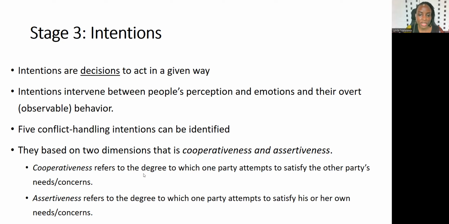Cooperativeness refers to the degree to which one party attempts to satisfy the other party's needs or interests or concerns, to be all about the other person. You put away your needs and you are cooperative, you are attending to the needs of the other party.